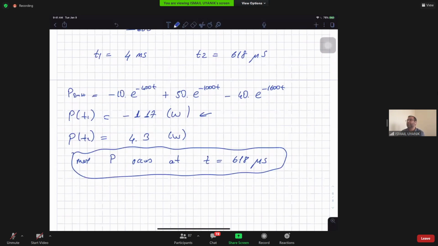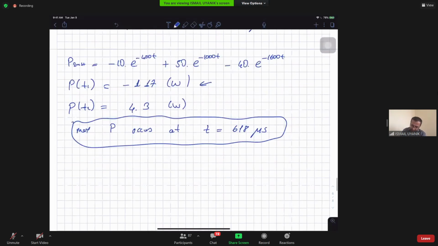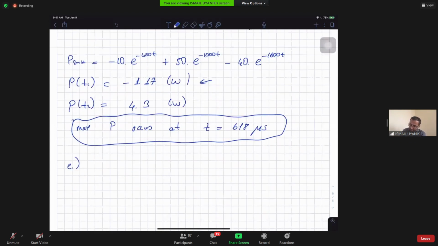It says, what is the maximum power on the inductor, which is already calculated. The response to that is that we know the maximum power occurs at this time instant, and basically the maximum of P for the 2 millihenry inductor will be 4.3 watts, right?